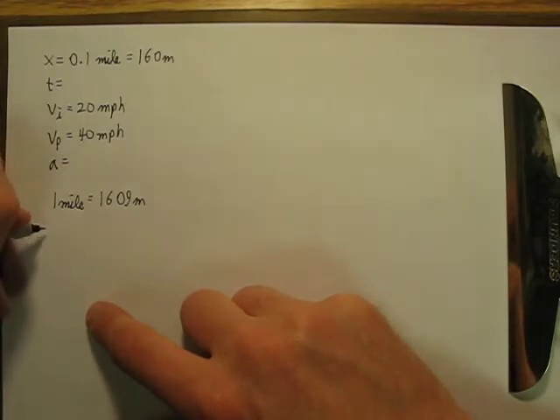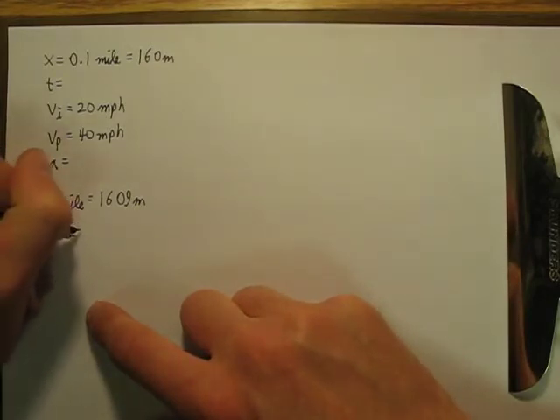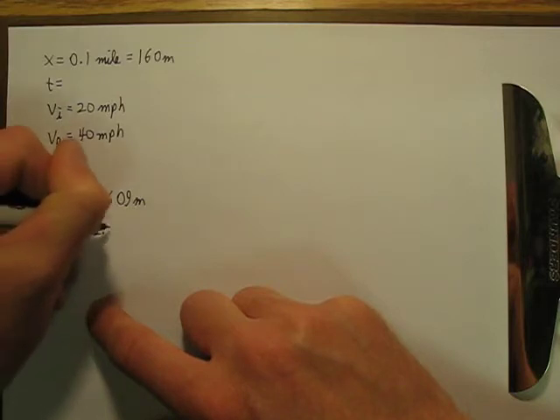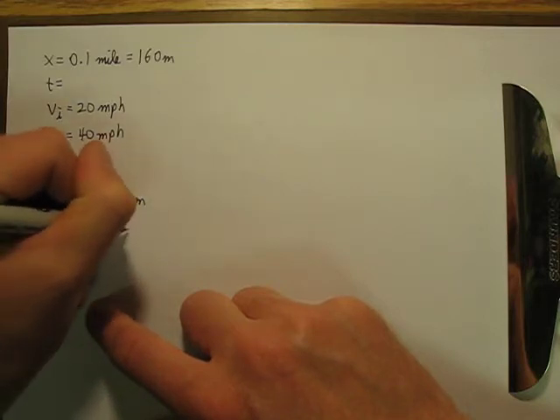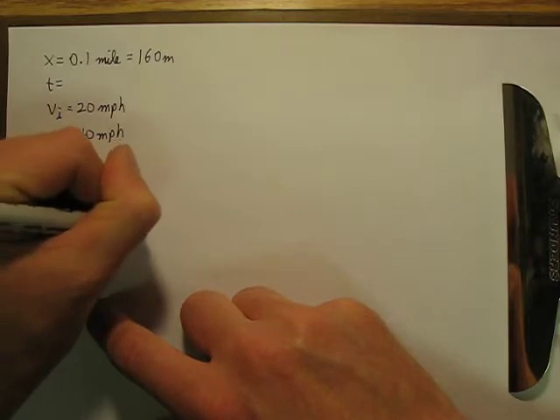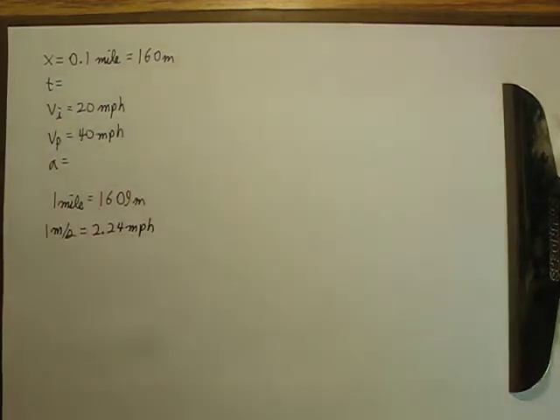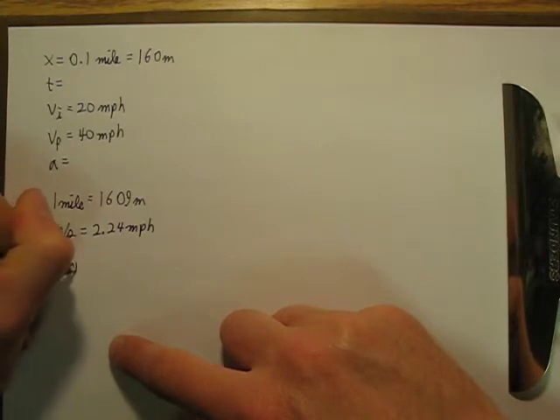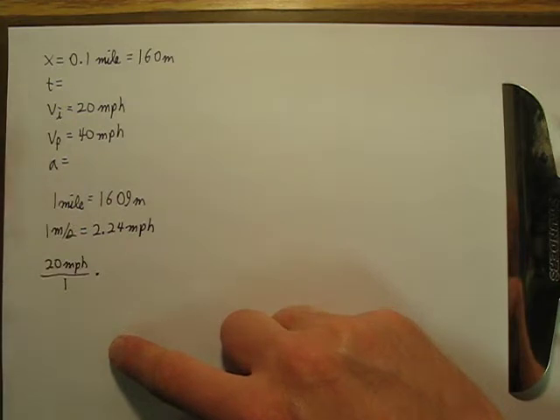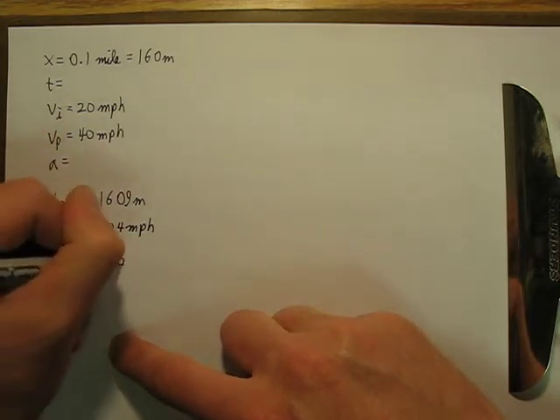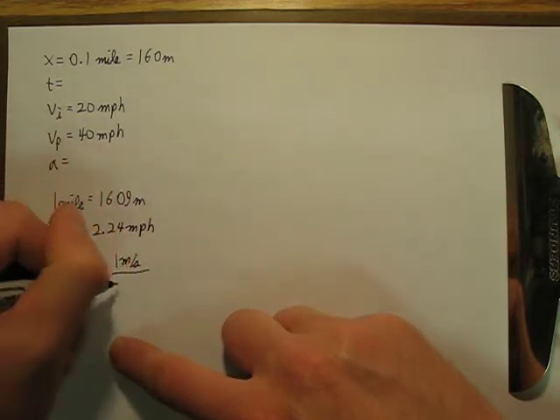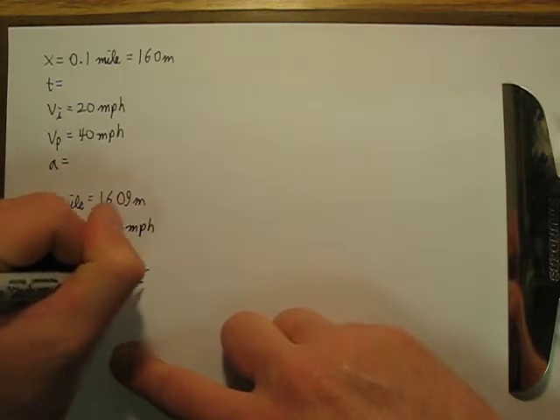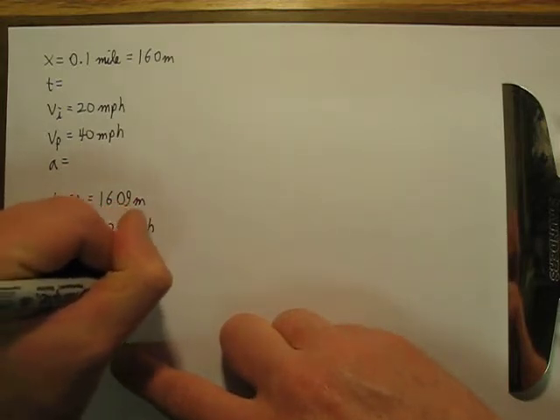Now, you'll also remember that 1 meter per second is 2.24 miles per hour. So I have to take 20 miles per hour times 1 meter per second divided by 2.24 miles per hour.